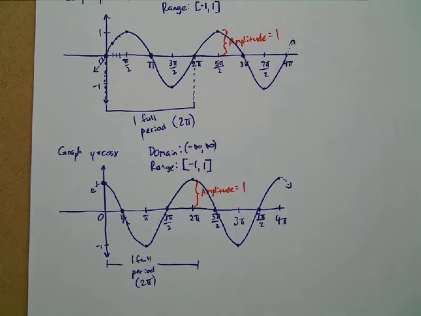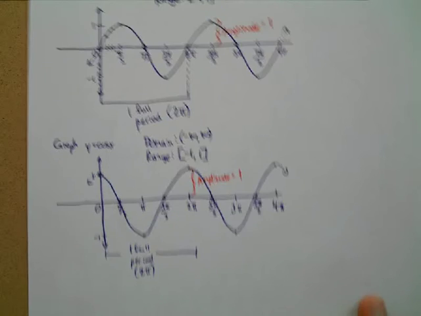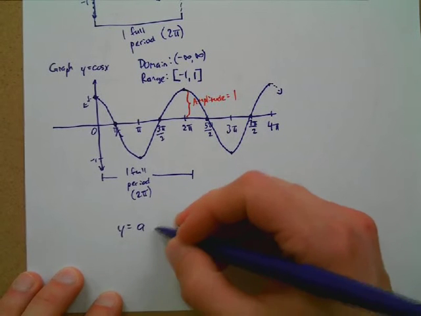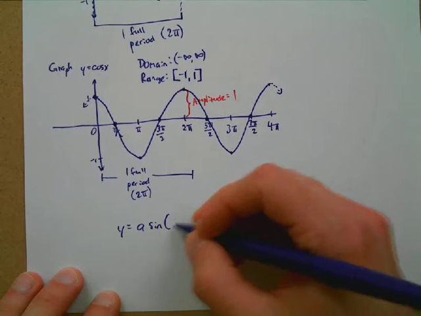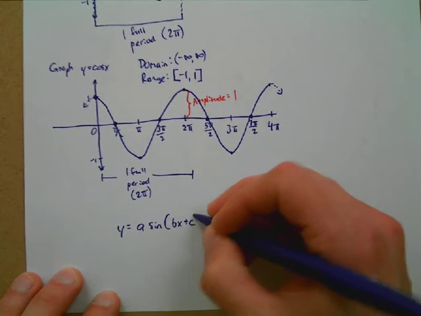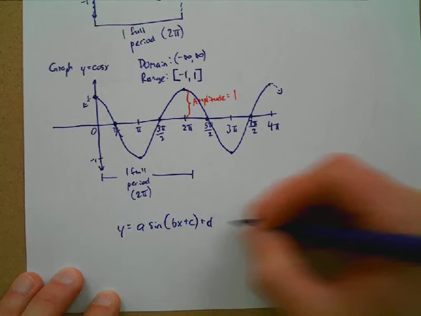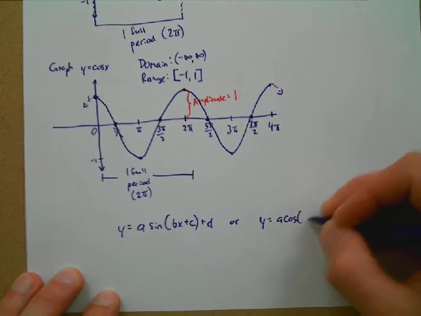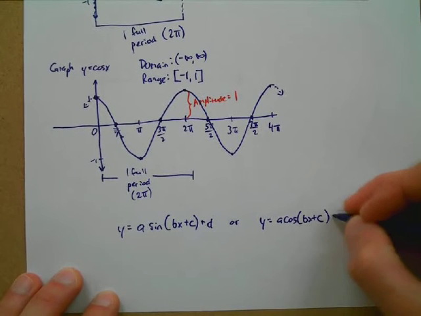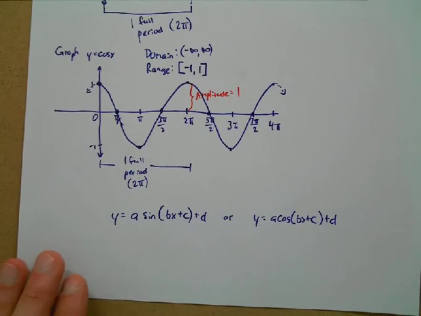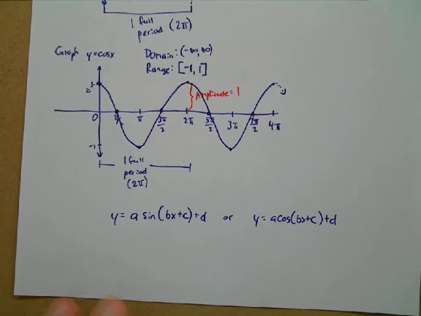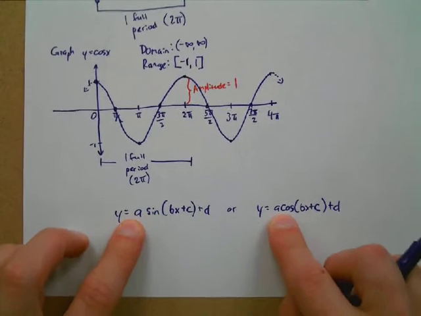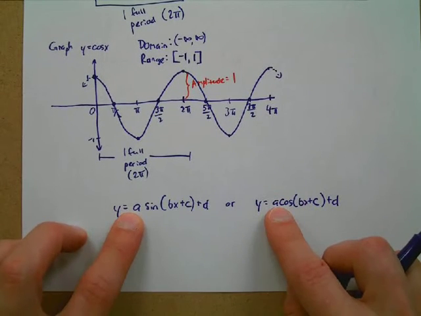So, let me then also talk about some transformations. Since we're talking about transformations here, so once again, we're talking about these transformations and stuff like that. When we have a number in front of our function, how does that affect the function?